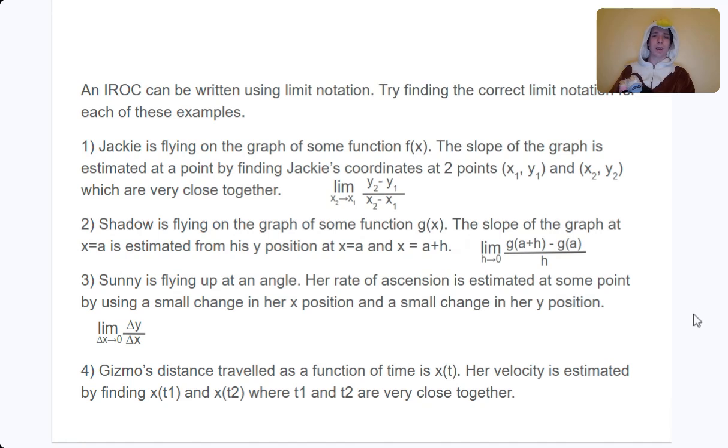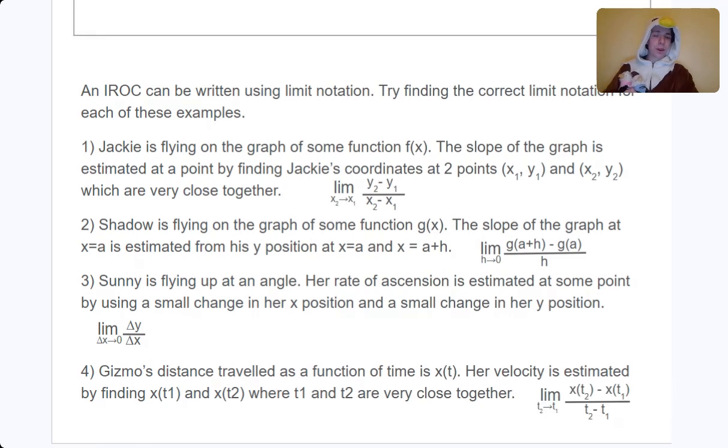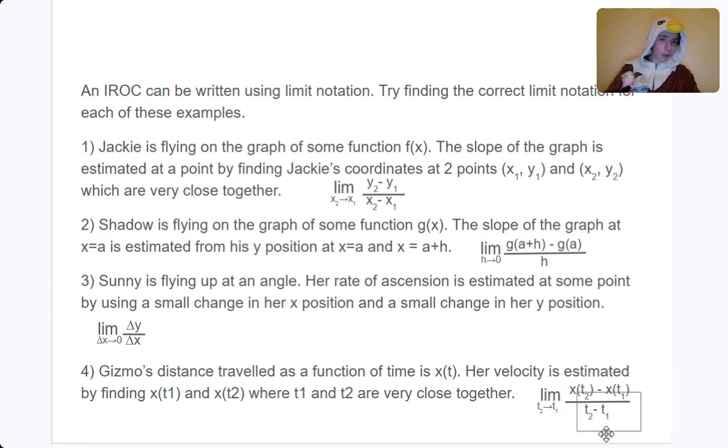Her velocity is estimated by finding x of t1 and x of t2, where t1 and t2 are very close together. The change in y is going to be x of t2 minus x of t1, and the difference in x is t2 minus t1. So to find the velocity, we're taking the limit as t2 approaches t1 of this.